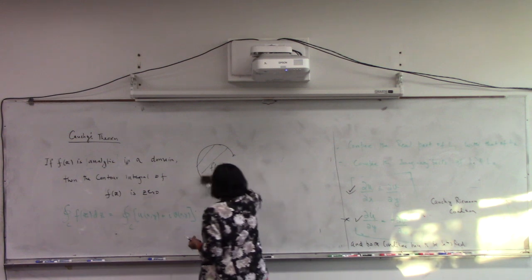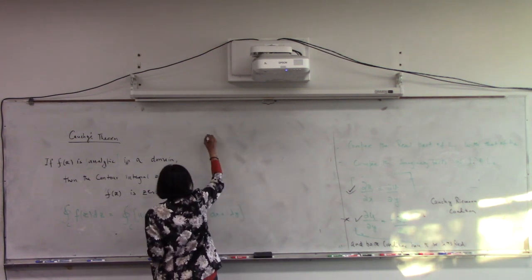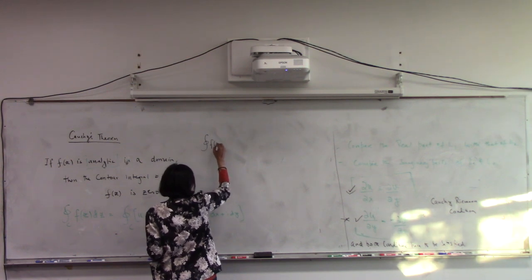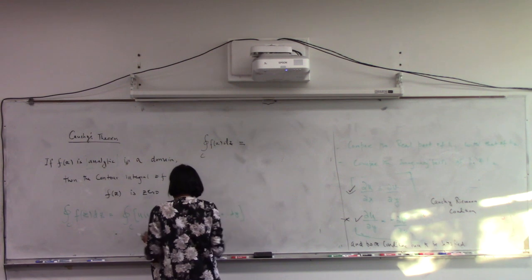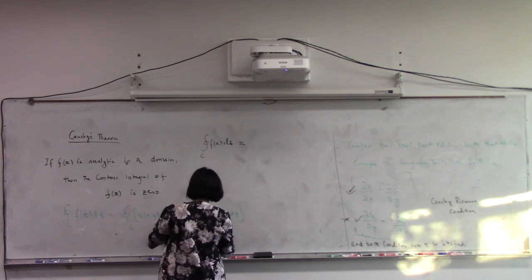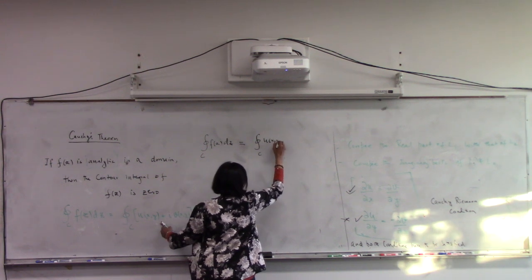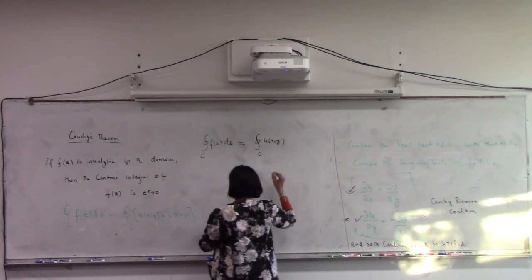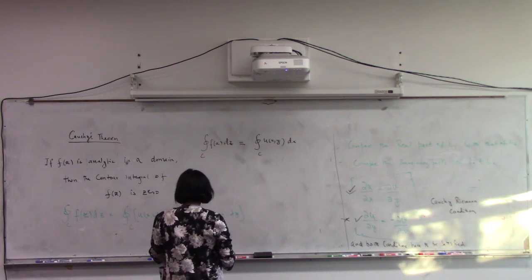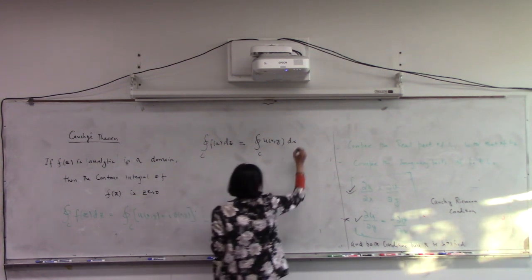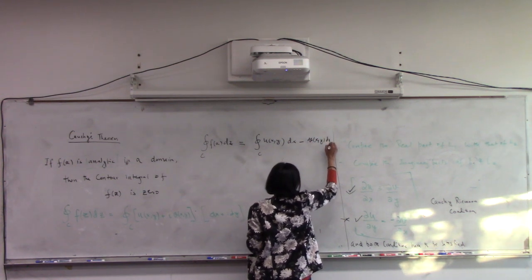So I can write the contour integral of f of z dz as, let me have all the real parts in one, u(x,y) dx minus v(x,y) dy.